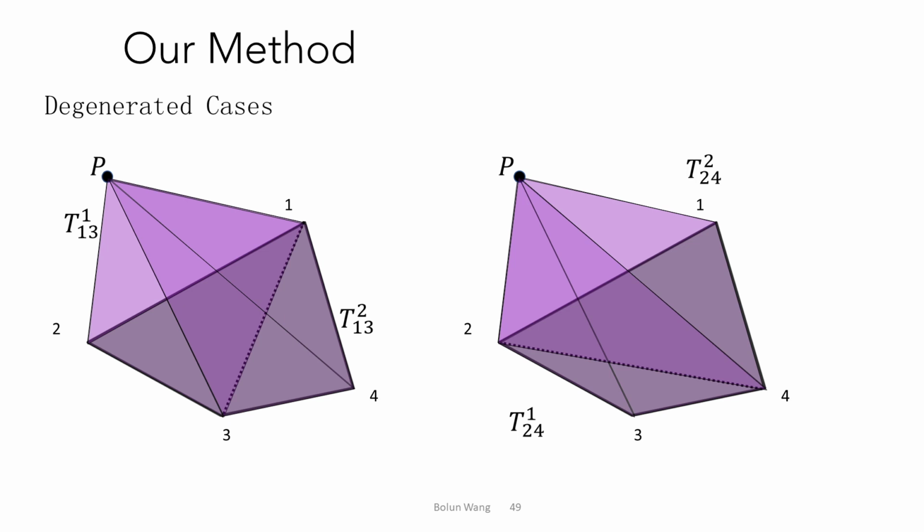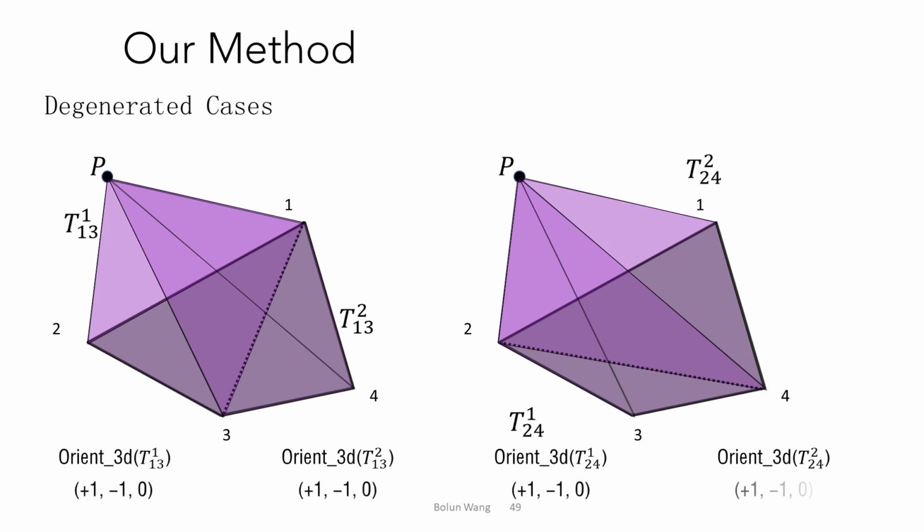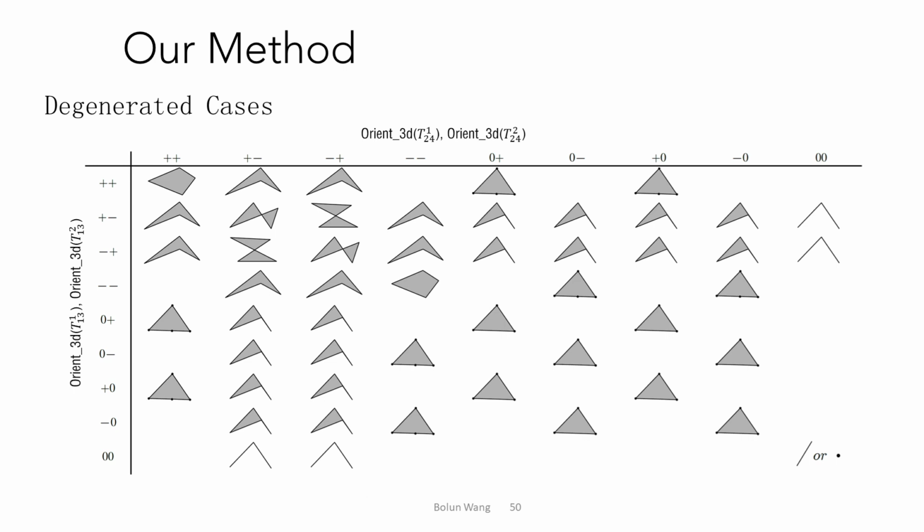By calculating the orientations of the point against the 3 vertices of each tetrahedron, we can enumerate all the possible degenerate cases of a bilinear patch, which are shown here.